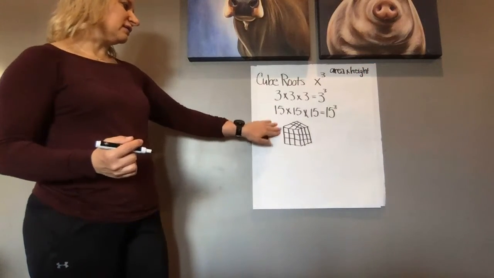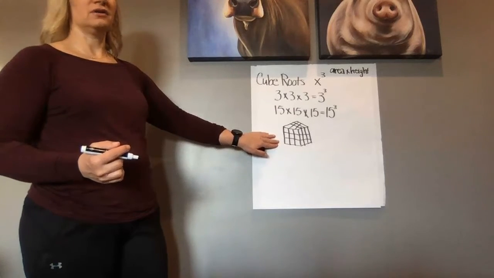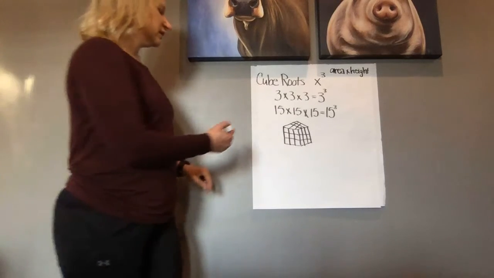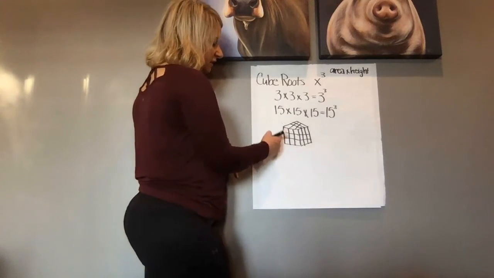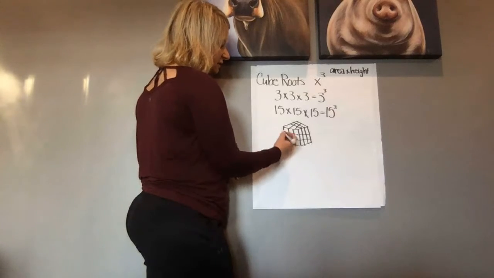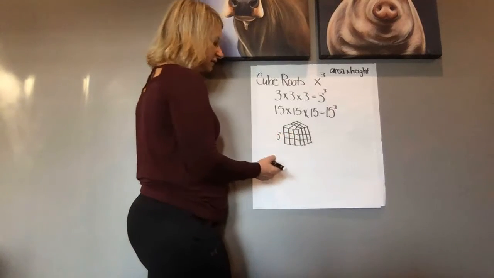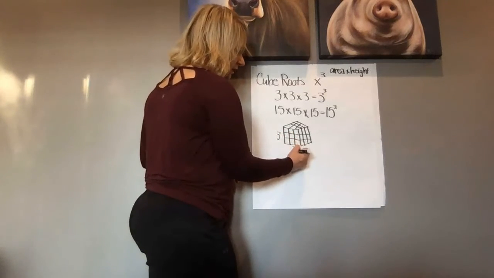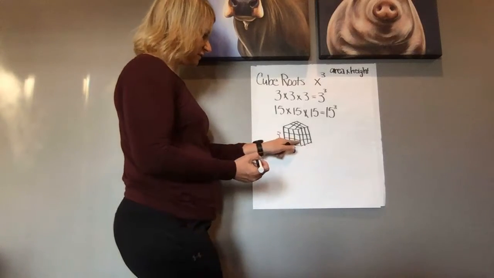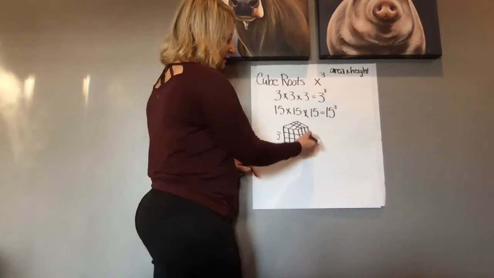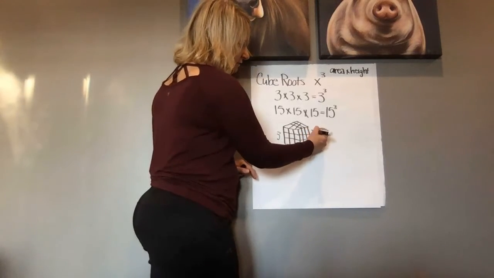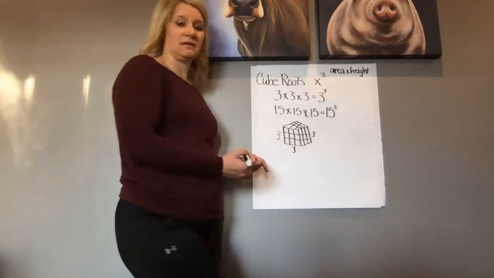So then we had this cube yesterday, and you had to figure out the value of the cube. Well, if we look at this cube, how many units on this side? It's 3 on this side, and it's 3 on this side, right? We have 3 units here. Then the height of our other side is also 3.